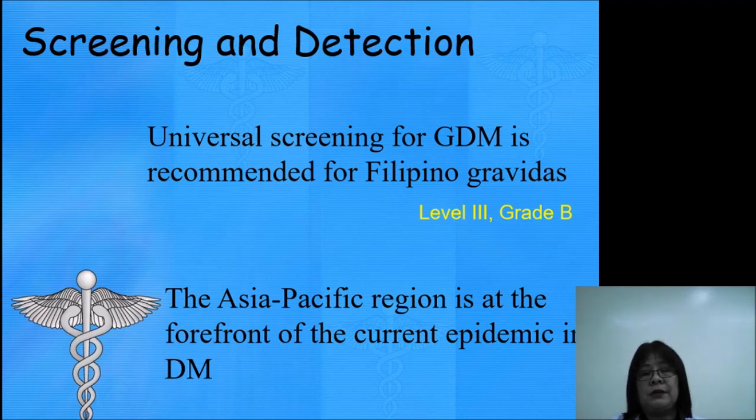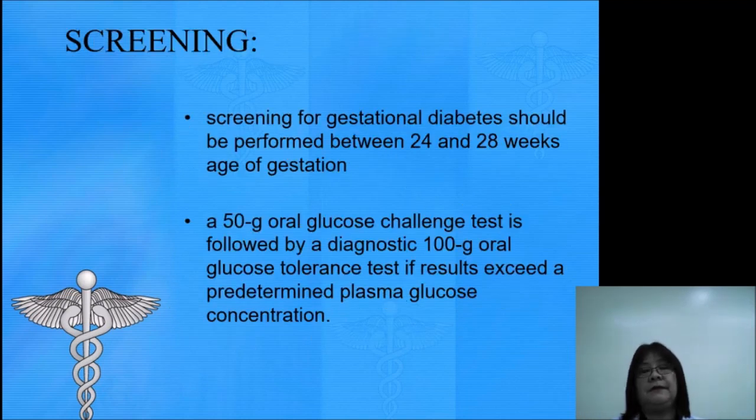And what is the reason why Asians or Filipinos are high risk for the development of diabetes mellitus? Because Filipinos are fond of eating rice, just like any Asian countries.